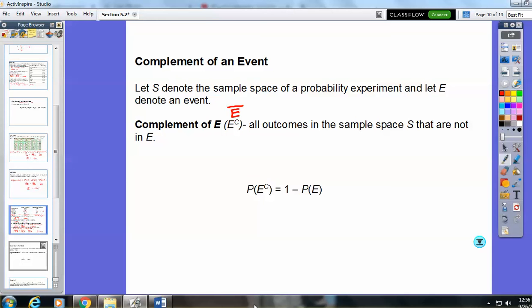That means the complement, it means everything in the space that is not already in E. So if I did my students in this classroom with blue eyes, the complement would be everybody in this classroom who doesn't have blue eyes. They are complete opposites of one another. So if you add both together, you should always get a probability of 1.